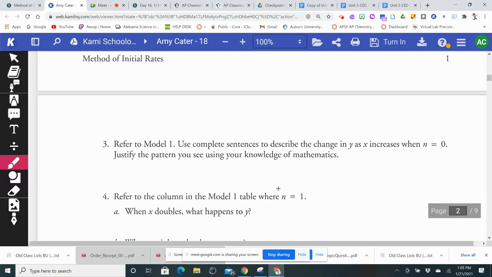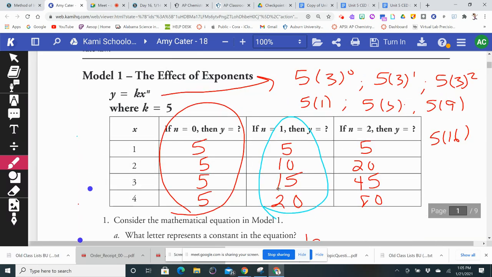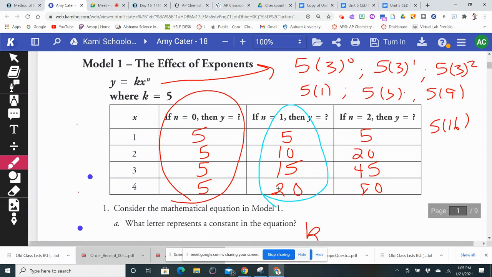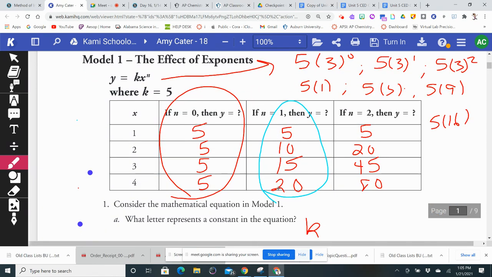What happens when we triple x? So when we triple x, when we go from 1 to 3, what happens to y? It triples. Exactly. Whatever happens to x happens to y. The exact same thing.